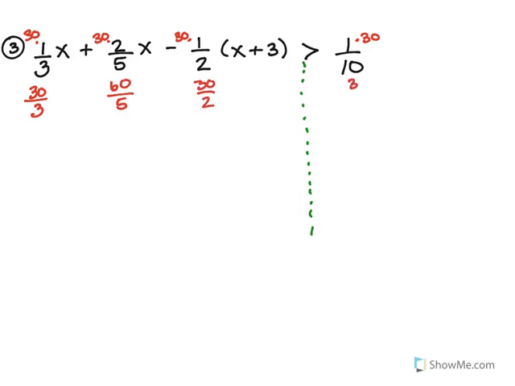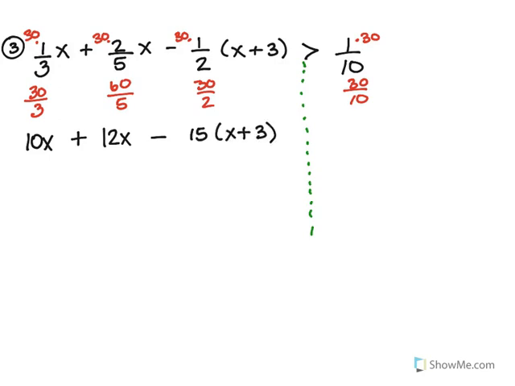And I'm just writing all my fractions so y'all can see it. I went through and multiplied 30 by what was on top, and now I'm going to divide it by what's on the bottom. So 30 over 3 makes 10. Make sure you bring your x down. Plus 60 over 5 will make 12, and that has an x too. Minus 30 over 2.